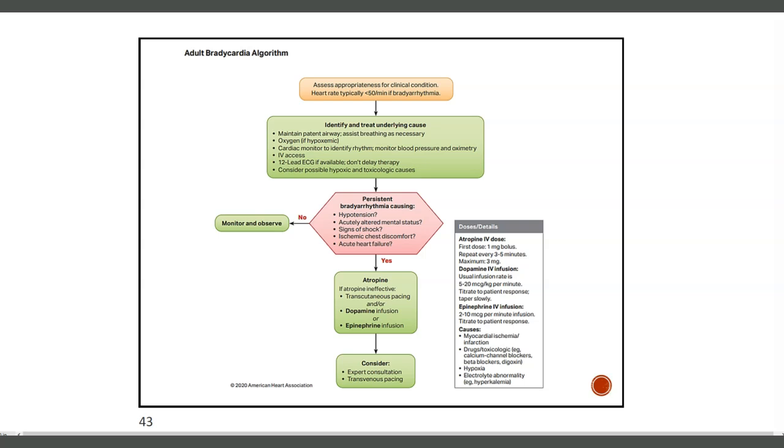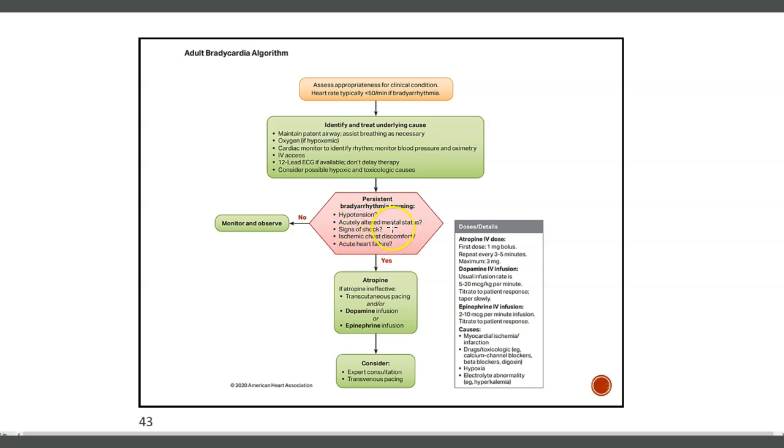This is the adult bradycardia algorithm from the American Heart Association. This is a 2020 version. I think it should be pretty similar to whatever version is current. Again, we need to assess the patient depending on their condition. If the rate is less than 50, we follow this along, and depending on what's going on, it's going to ask you, is it persistent? Is it symptomatic, right?